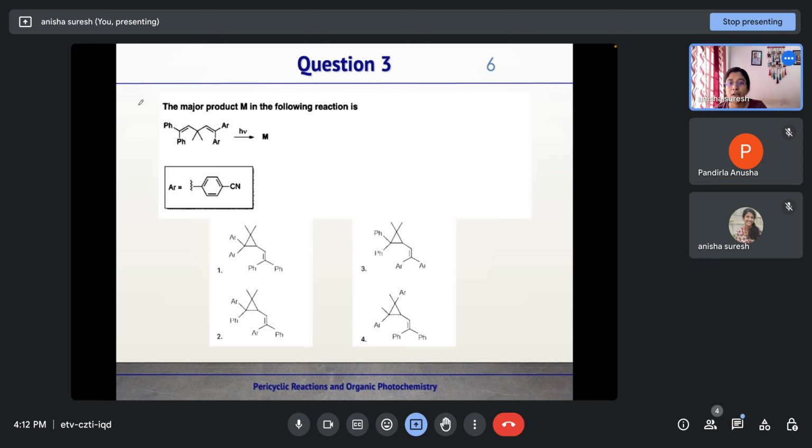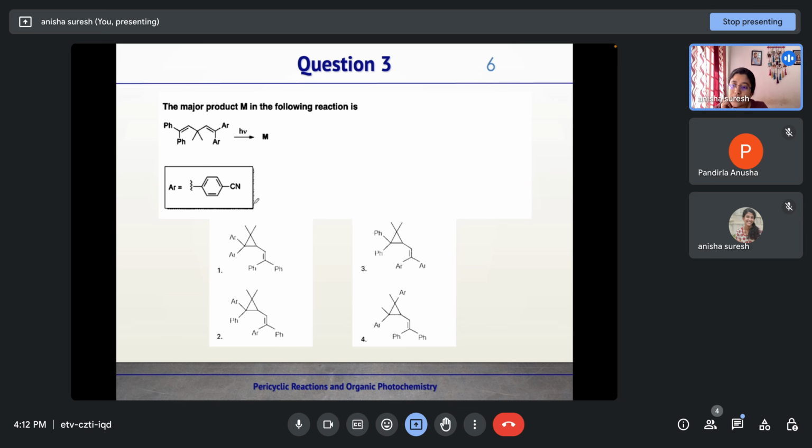We can see two vinyl groups are there, and in the product you can see there is a cyclopropane and a vinyl group. In all the options that have been given, there is a vinyl group and a cyclopropane ring.